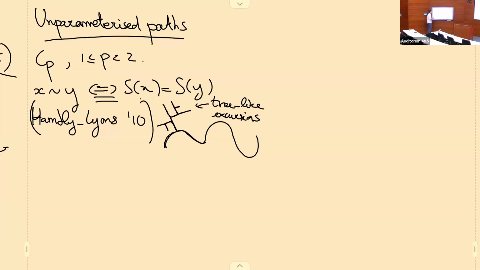But just to let you know that there is a very important paper that does this geometrically at the level of the paths. So for now, we will take this definition.